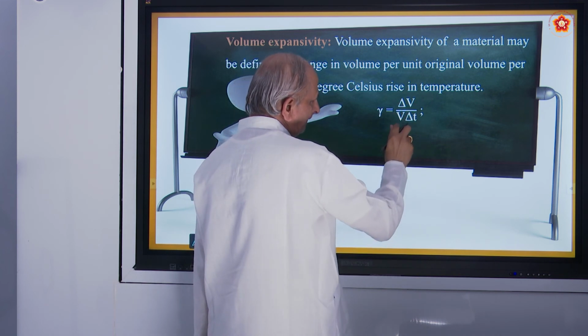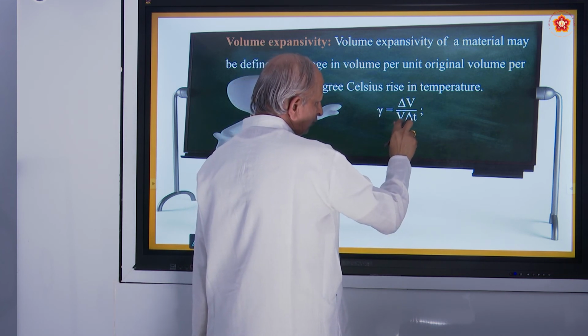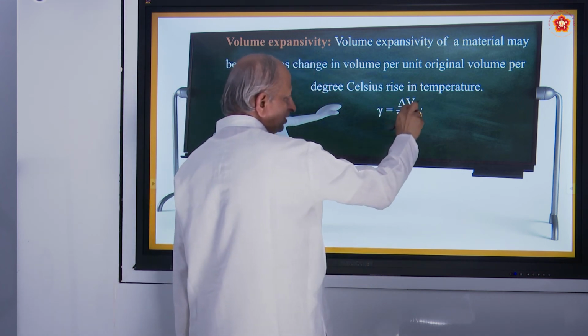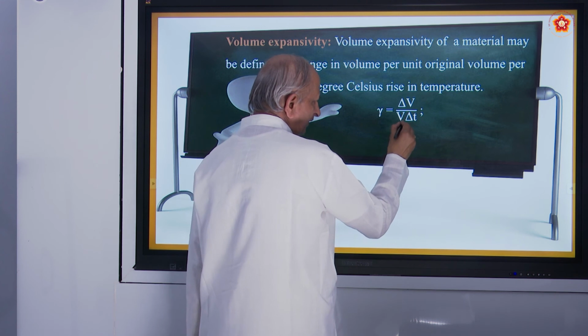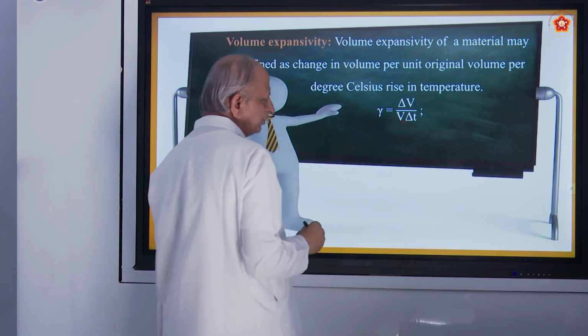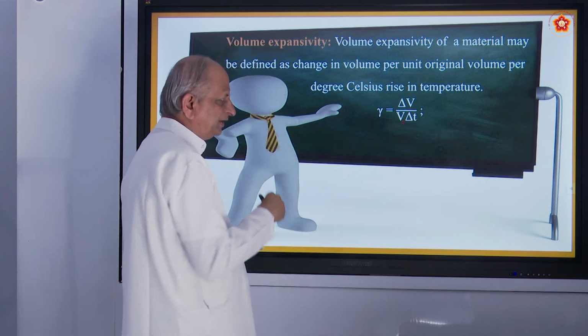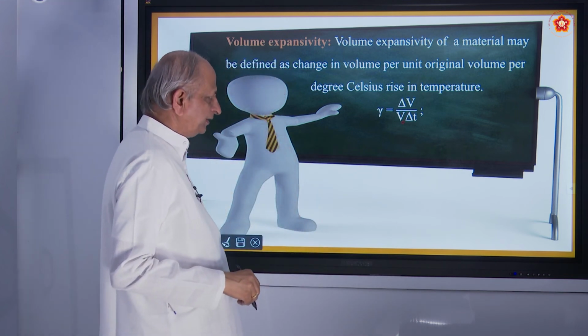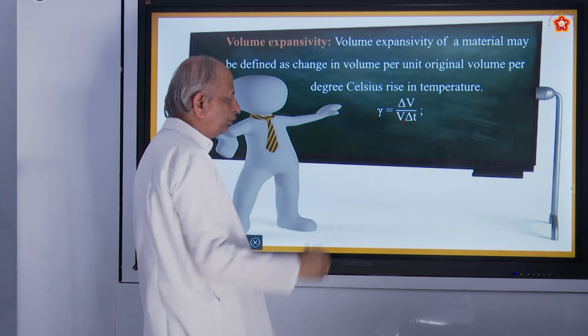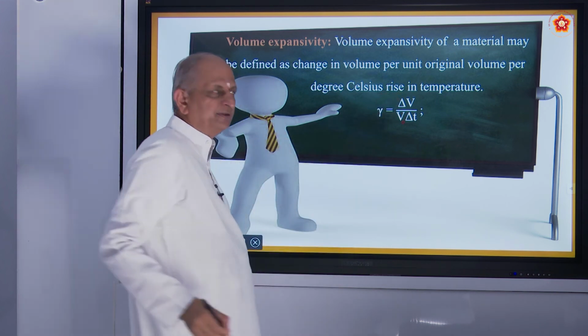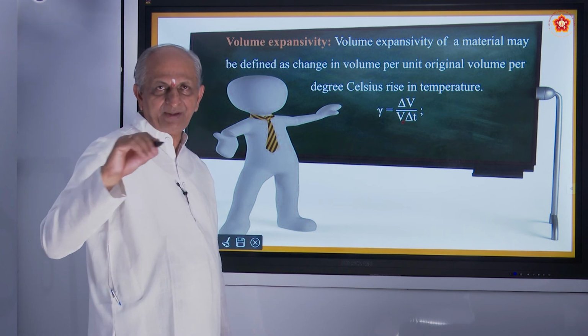Delta V by V into delta T. So delta V is the change in volume. Here V means V0 into delta T. Delta T means rise in temperature. As you have seen in the previous explanation, the same holds good here also. And here when you say V, it has length, breadth, height.